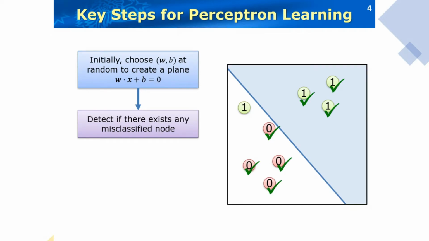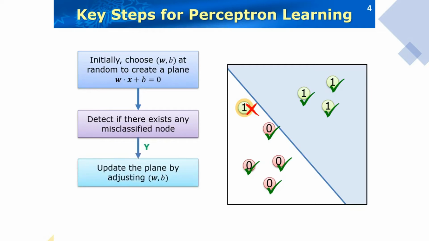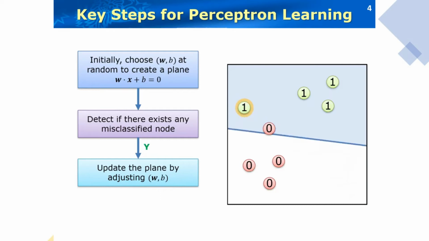For any misclassified point, we need to update the plane by adjusting the weights and the threshold value w, b. After that, we need to recheck if there exists any misclassified points. In this example, we can see that all the green points are within the blue region and there is only one red point inside the region, which is misclassified as green.